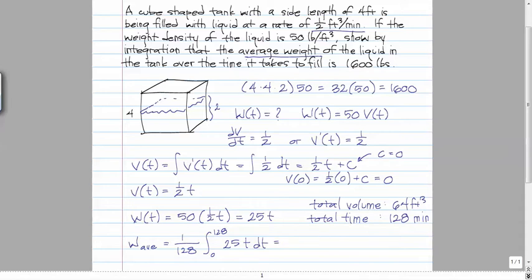Our definite integral here is a chance to use the power rule for integration. So we're going to increase the exponent on t from 1 to 2 and divide by that new exponent. So when we're done, we'll bring this 1 over 128 along and multiply it by 25 t squared over 2, evaluated from 0 to 128.